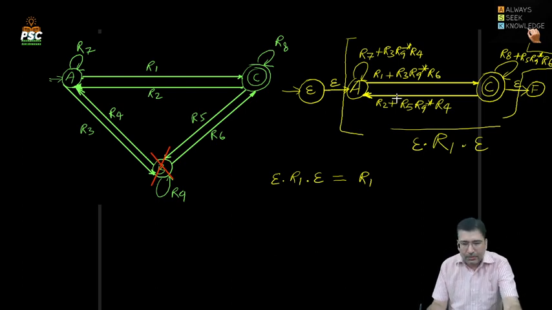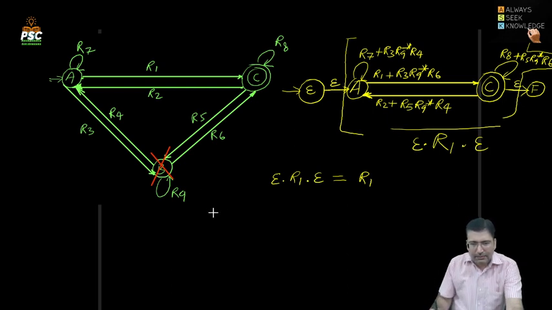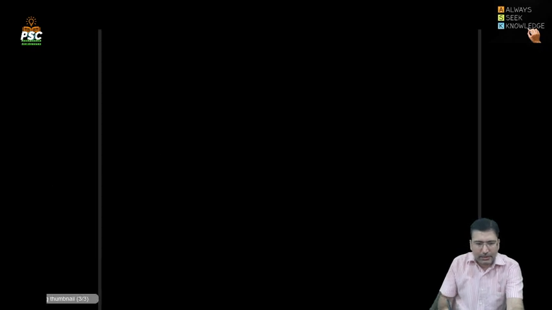So we can take some examples. I hope till now you are clear about how we can convert an automata to a regular expression. Let me quickly take some examples. If we have an automata, let's say there's a state A and there's a state, let's say state 1, state 2, or state 3, like this.